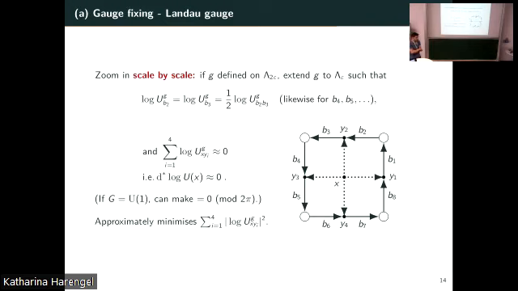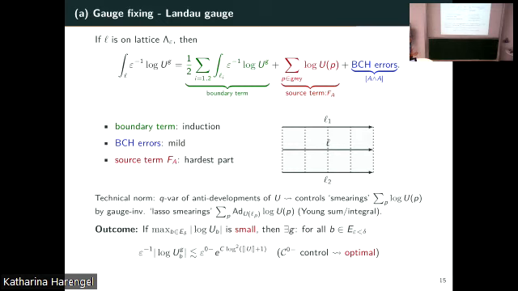I don't have that much time left, so this is more or less the final thing I want to speak about. If we do this, why was it actually useful, and what can it do for us? The way that we measure regularity of one forms is by looking at their line integrals. We have a one form on the lattice, which is log of u, and we integrate it along lines.